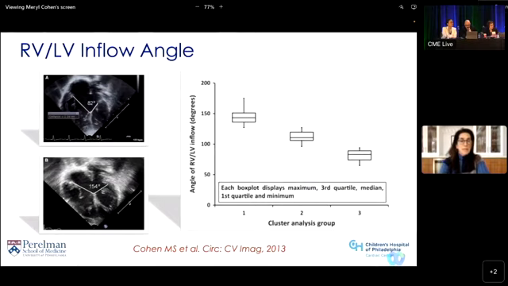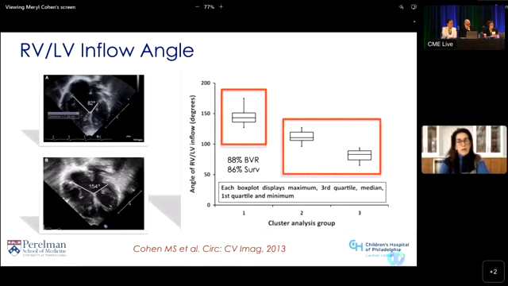with this measurement. And you can see that this shallow angle here was associated with the majority of patients undergoing a biventricular repair with pretty good survival, and a more acute angle was associated with less biventricular repair and worse survival, and we really couldn't discriminate outcome based on these two cohorts of patients.